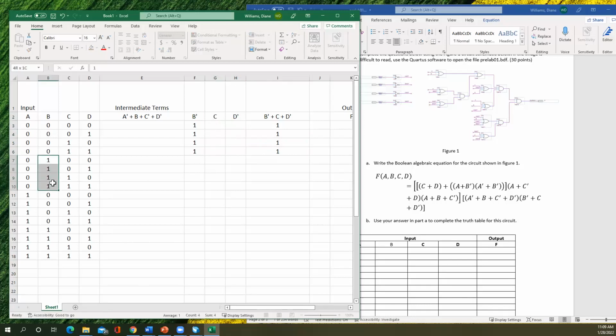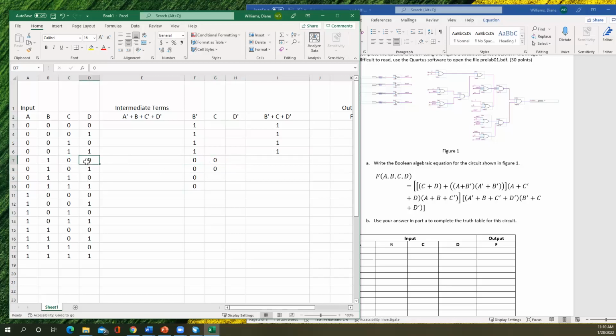Now, everywhere that B is a 1, that would make these all zeros, so we need to consider the other values. In these 2 cases, C is a 0, which means we need to consider the value of D naught.